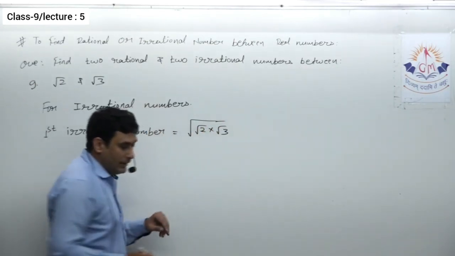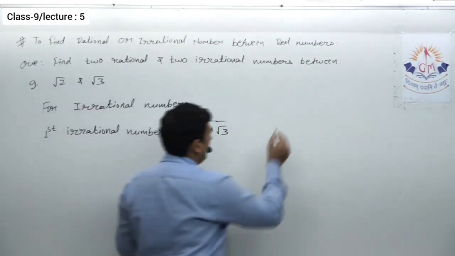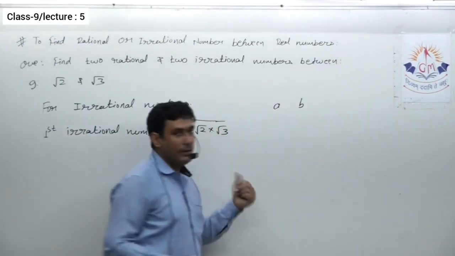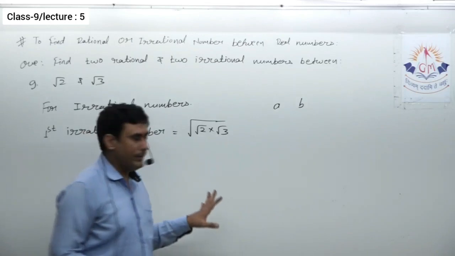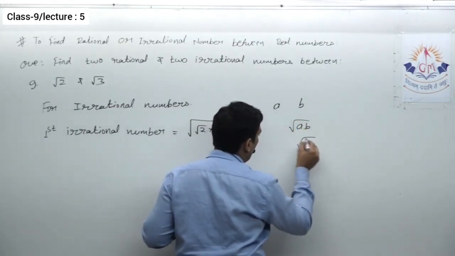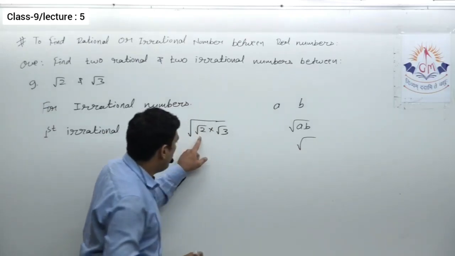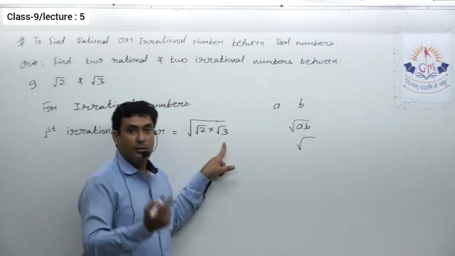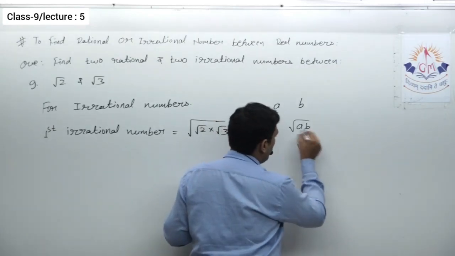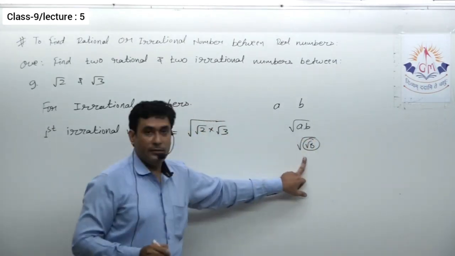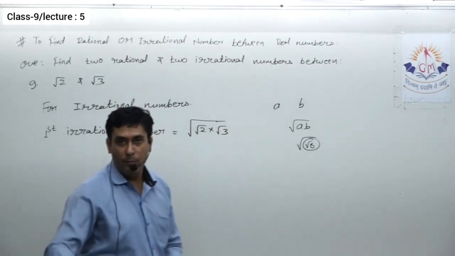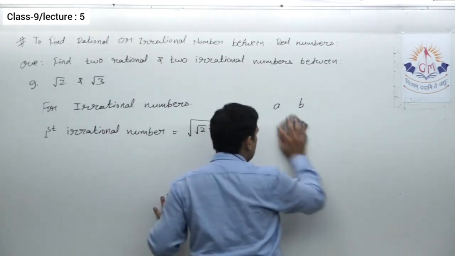Again, if I discuss that note, if a and b are two numbers such that root of ab, that means the square root of a multiplied by b, is not a perfect square, then this will be an irrational number as well as it will lie between a and b. So this is the first irrational number.